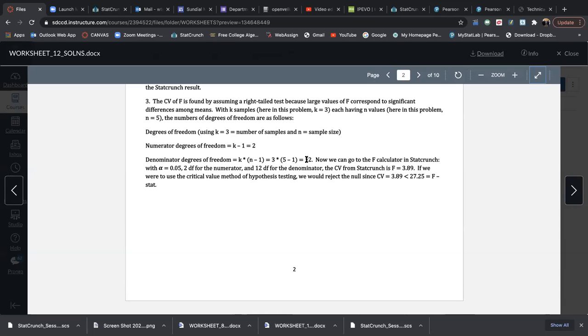Okay? So these formulas here are what we're going to use each time to calculate our pair of degrees of freedom. One of the pair for the numerator and the other degrees of freedom for the denominator.